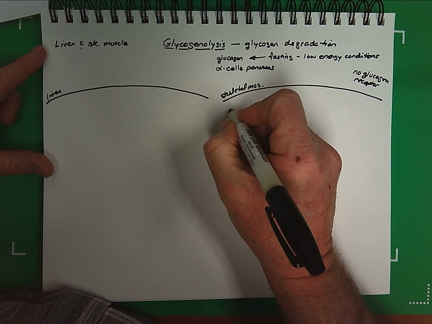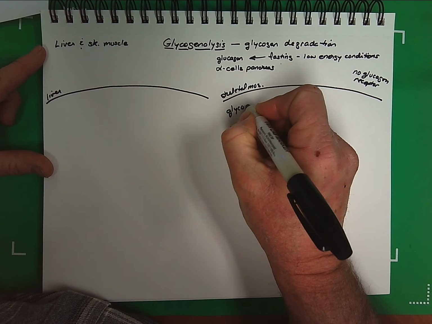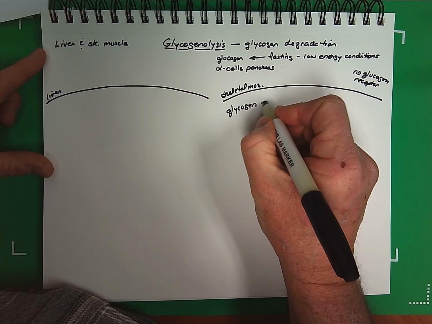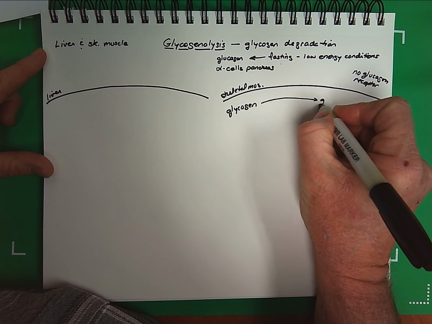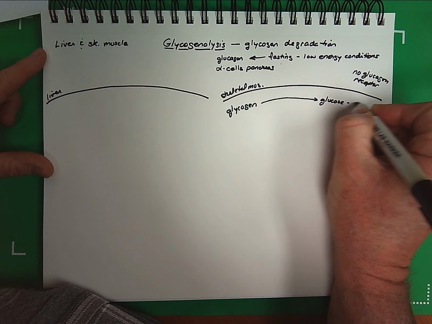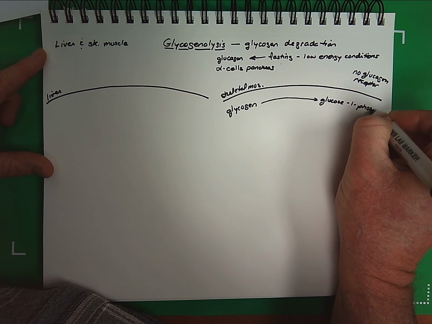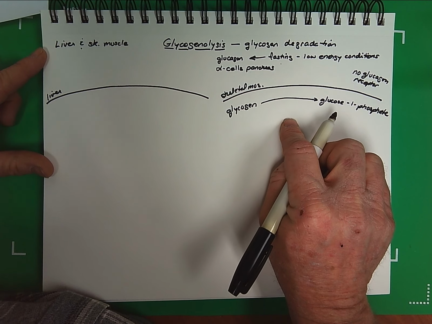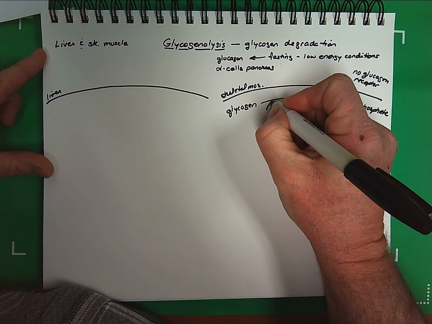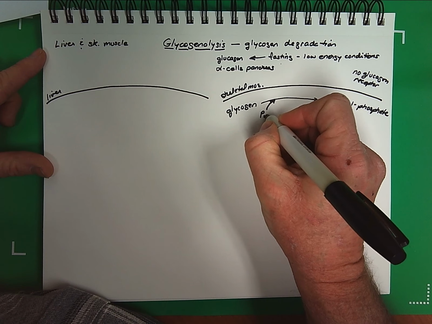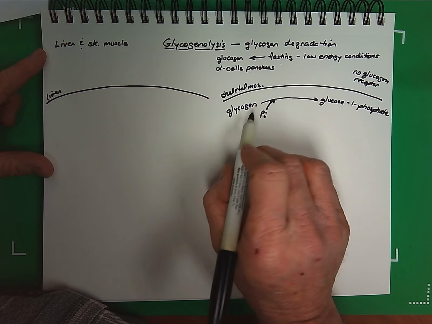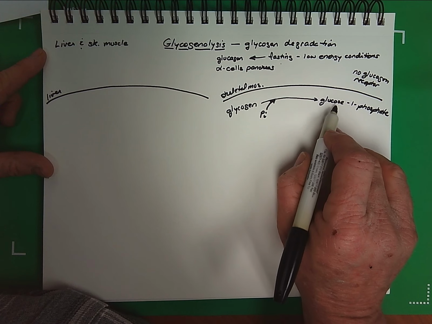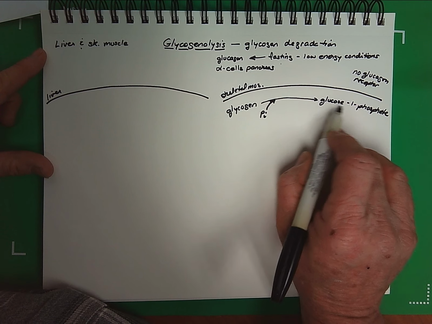Now, skeletal muscle does need glucose from its glycogen stores. And it's going to release this glycogen as glucose 1-phosphate. It does this by a phosphorylase reaction where we are going to be adding inorganic phosphate across the alpha-1,4 linkage of glycogen and releasing the monomer of glucose in the form of glucose 1-phosphate.